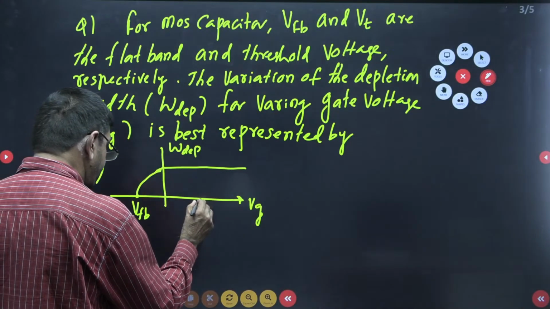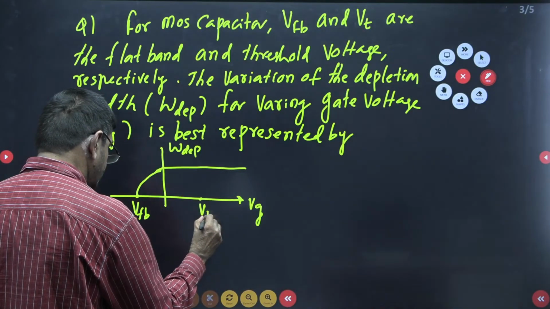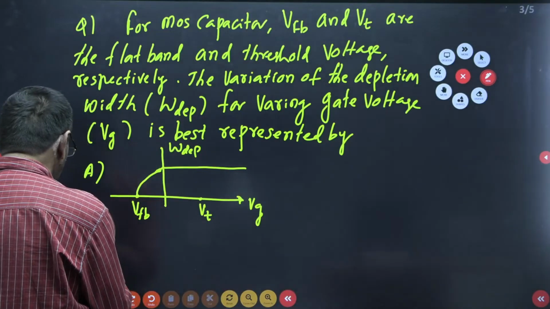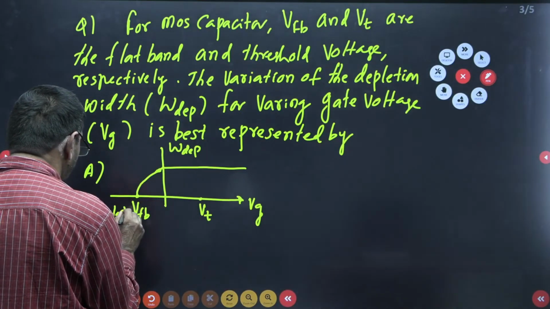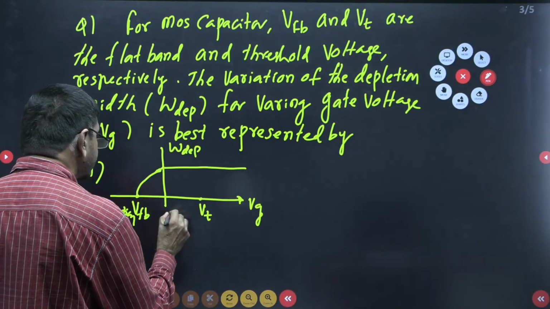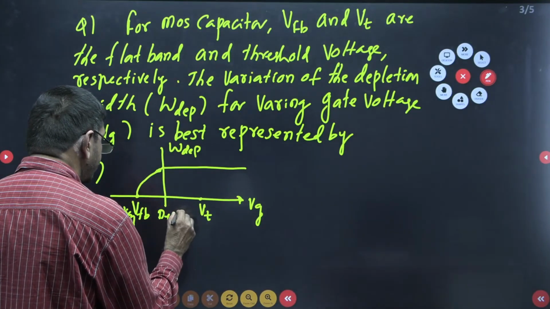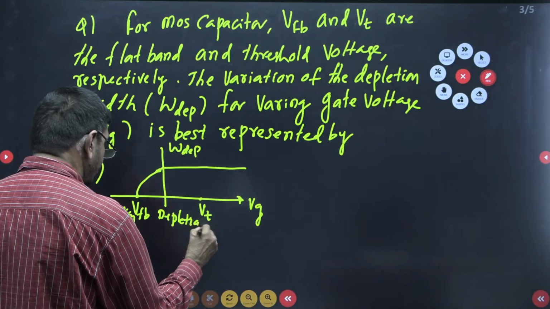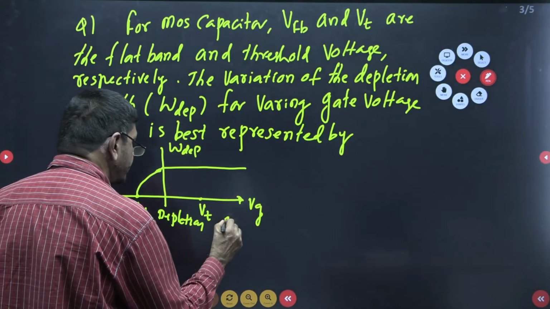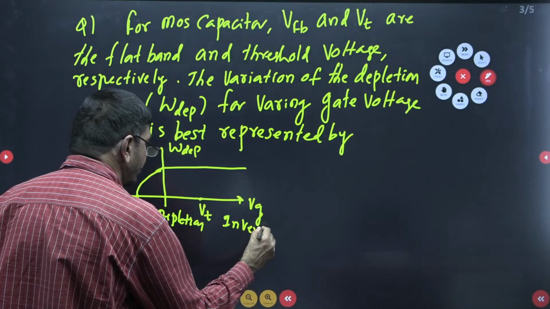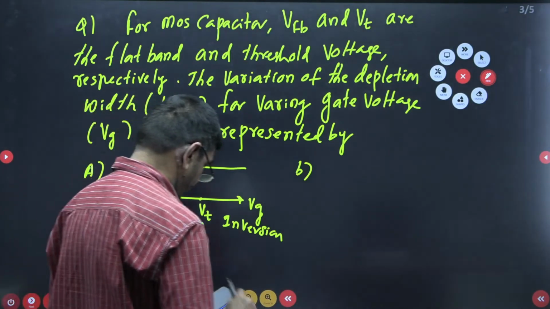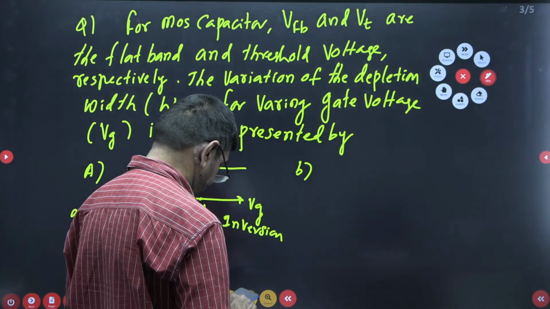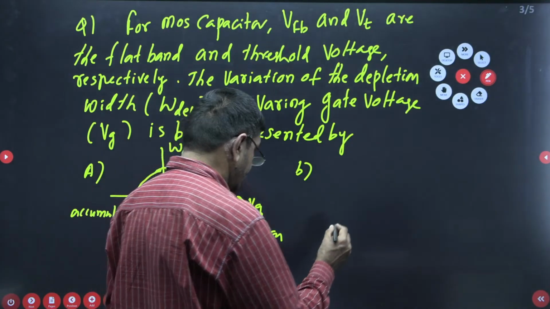This is VT. This is accumulation, then depletion, and this is inversion. Option B is given here.